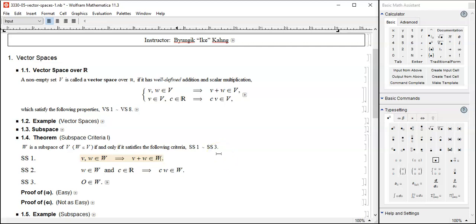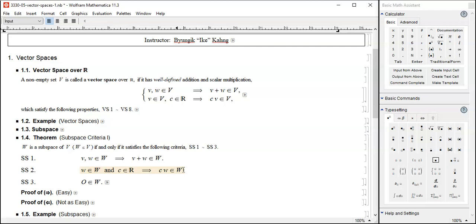So closed on the addition or well-defined addition, closed on the scalar multiplication or well-defined scalar multiplication. Those are the things we'll have to check. So our textbook author calls these two conditions: addition is well-defined and scalar multiplication is well-defined. If we have these two rules, then W is a subspace.